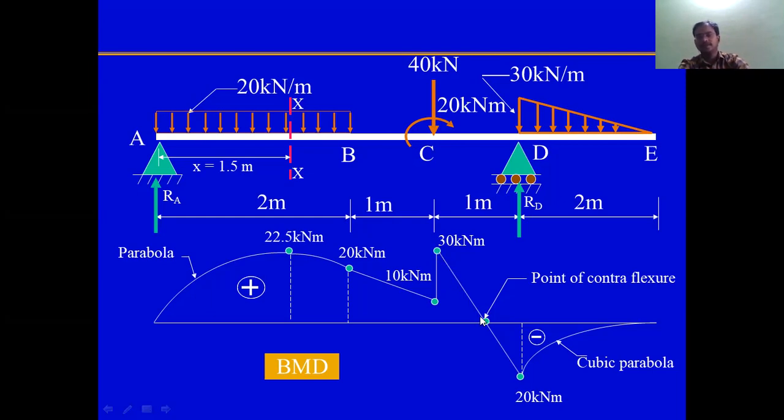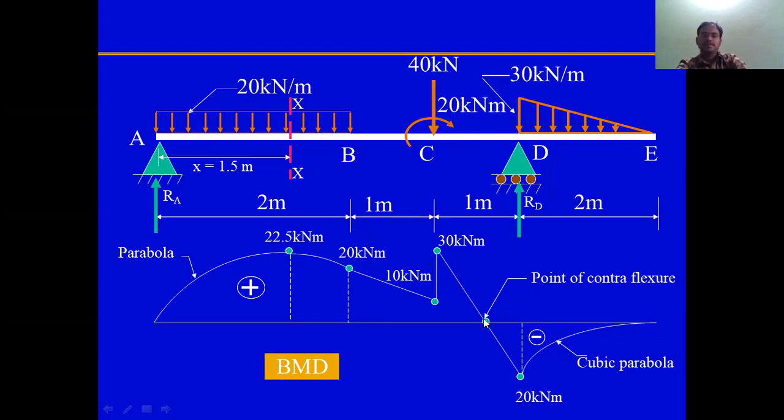And again there is no load acting here, but it is a straightly decreasing one. It's not a curve, it's a straight line, and again from here it is a cubic parabola.